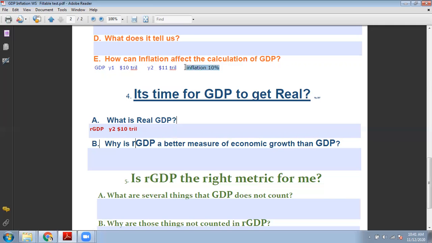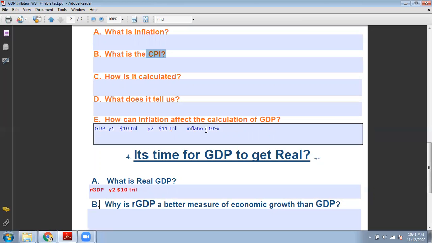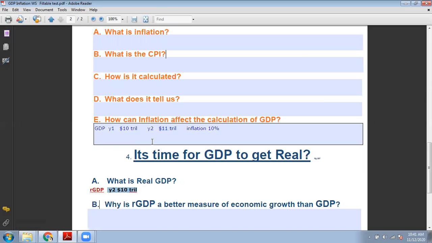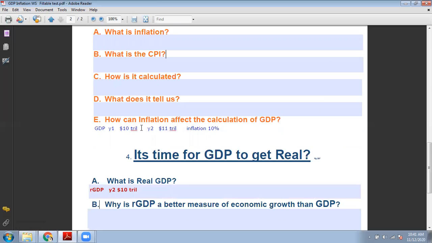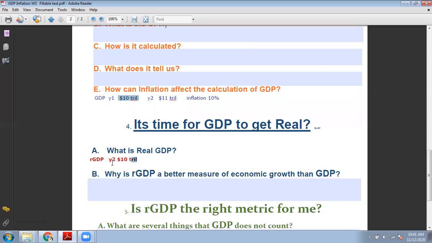So what we do is we take year one, we look at year two, we take the CPI and go, wait, CPI said inflation was 10%. So if inflation's 10%, we need to take year two and decrease it by 10%, which would give us $10 trillion. So therefore, the real GDP of year one would be 10 trillion, and the real GDP of year two would be 10 trillion as well.